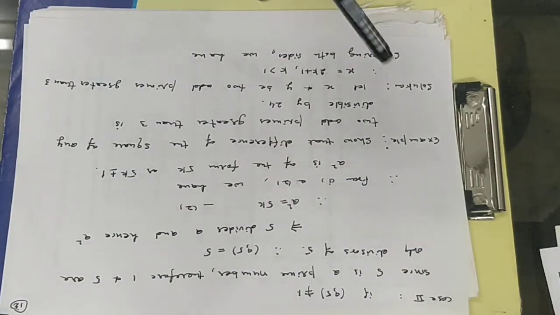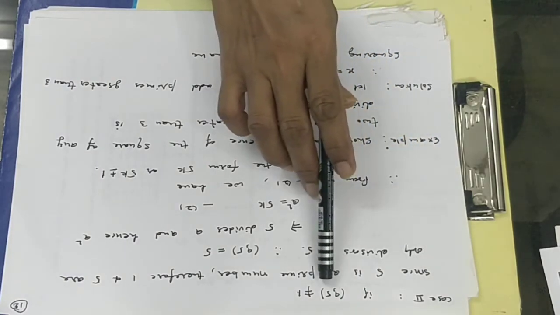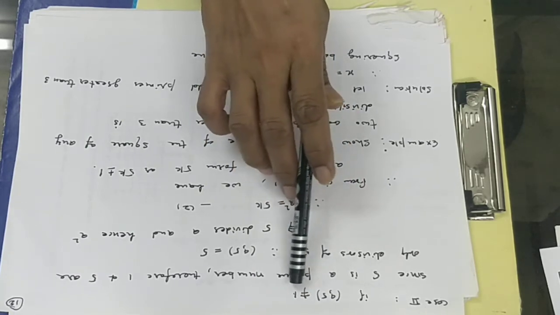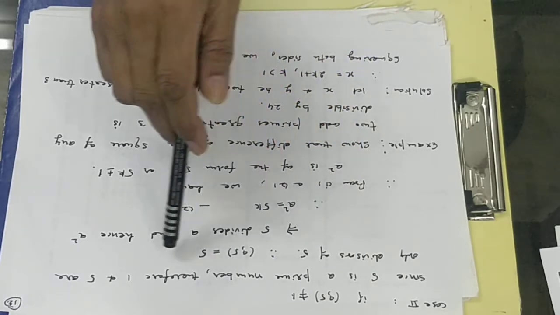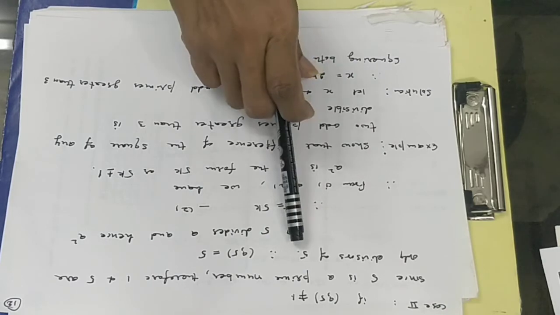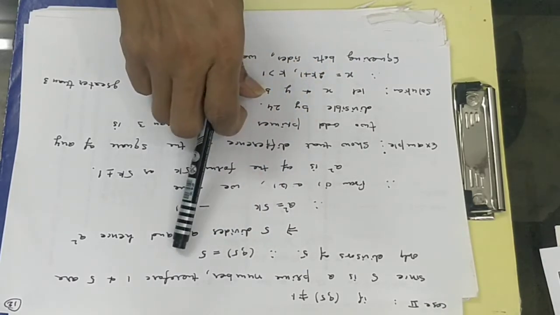Now let's discuss the second case. That says when a and 5 are not co-prime, that is GCD of a and 5 is not equal to 1. Now since 5 is a prime number, therefore 1 and 5 are the only divisors of 5. Therefore GCD of a and 5 will be equal to 5.